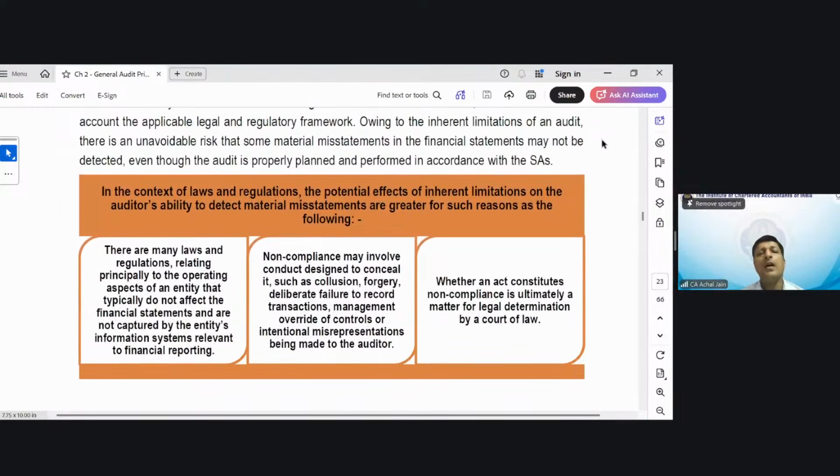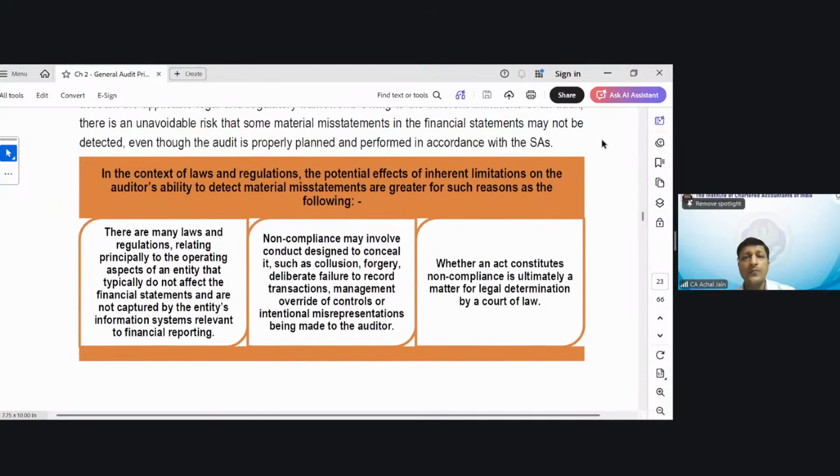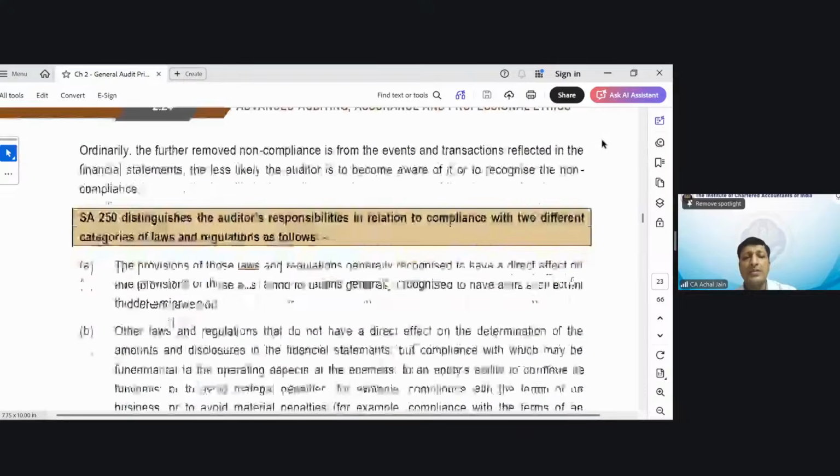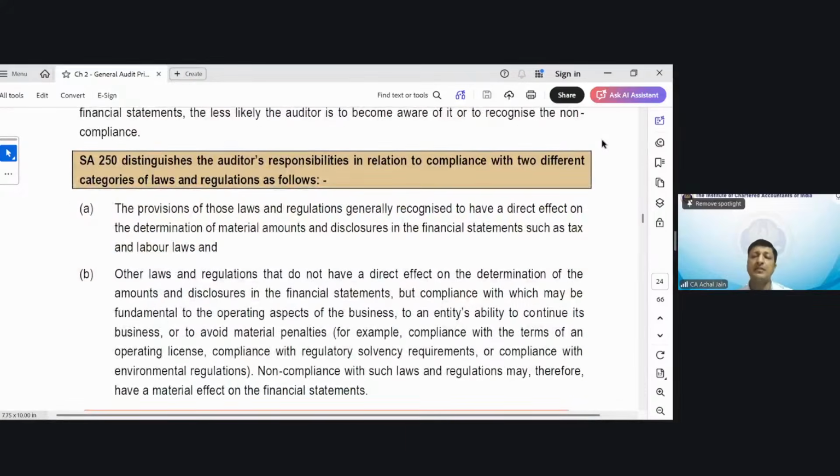Okay. But yes, of course, as regards the audit, as regards any of the non-compliance which could have been there in the financial statements, auditor needs to look into it.